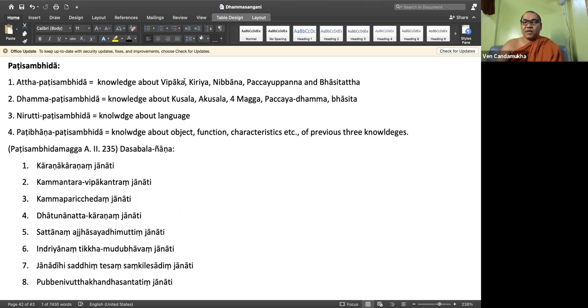Bhasitattha means the meaning of the word or phrase or sentence that has been expressed. So five points are there: vipaka, kiriya, Nibbana, Paccayuppanna Dhamma, and then Bhasitattha. Knowledge about these five points is called Attha Patisambhida.